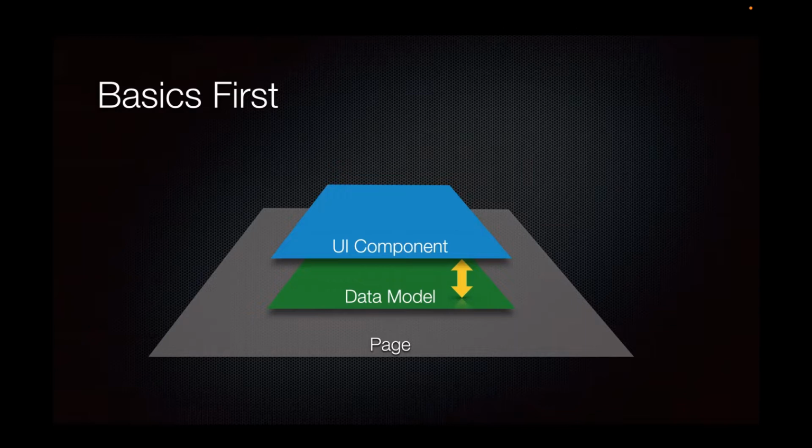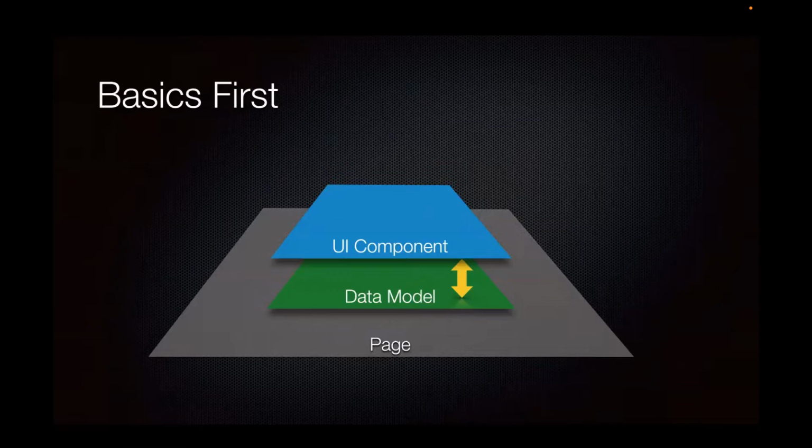And of course, there is data or some behavior. But the actual mechanism for providing information to that UI component and enriching it with data is what we call the data model.